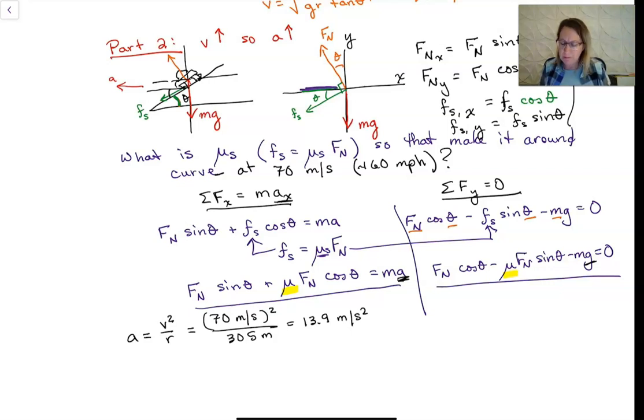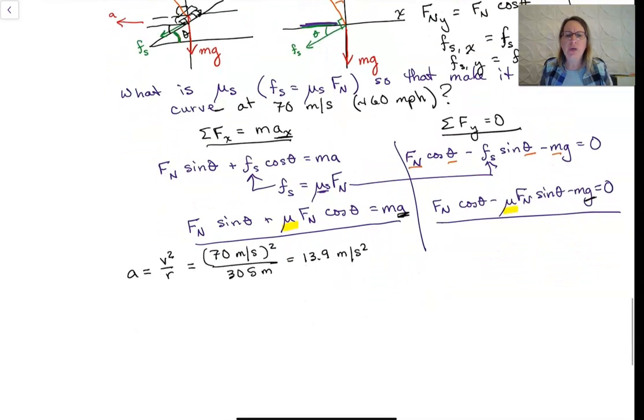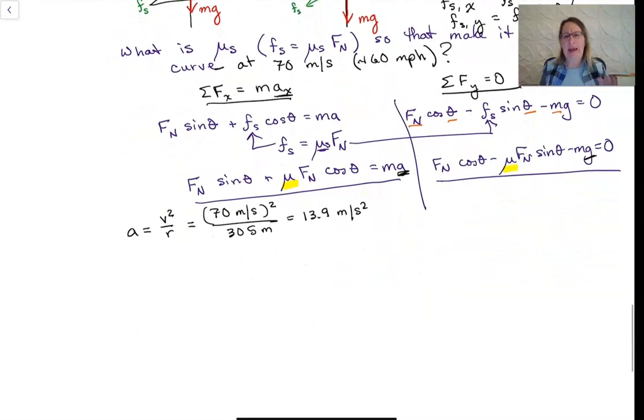So I know this number, and I know g, and of course I know theta, cosine and sine of theta. So what I'm going to do is show you how we get at the different pieces of this. I'm going to take my two equations, equation number 1 and equation number 2, one for x and one for y, and start solving one for the other in terms of some unknowns.